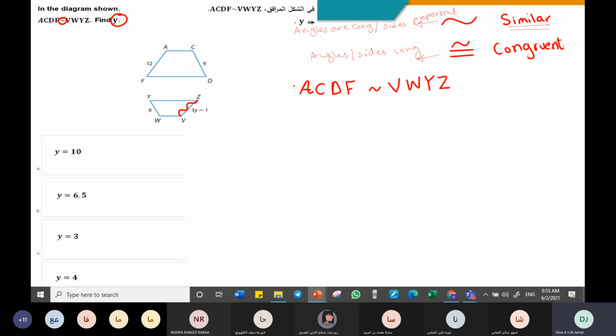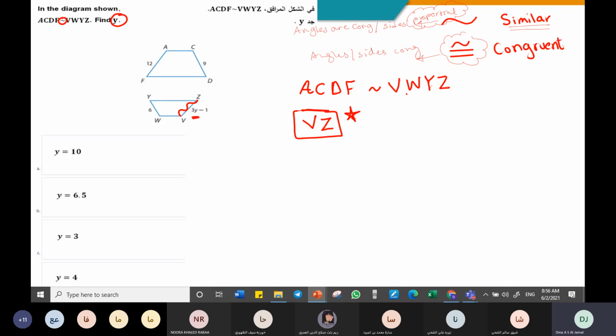So let's have a look now. You are having your missing value inside VZ. So this is your VZ side. Your VZ side equal to AF? You cannot say that it is equal since they are not congruent. You need to have a look where it will be proportional. You need to make a proportionality. So you need to concentrate on VZ.